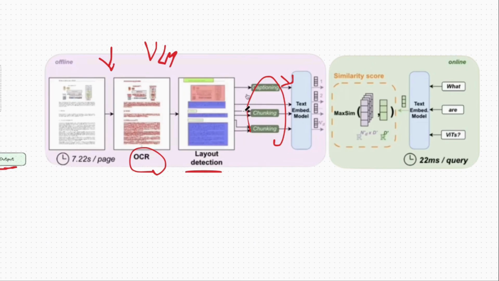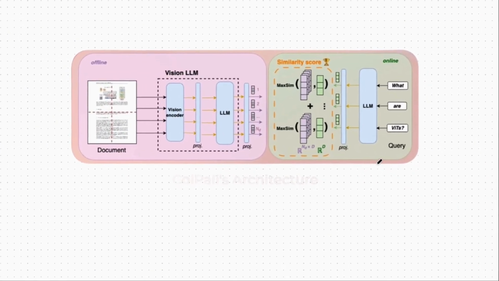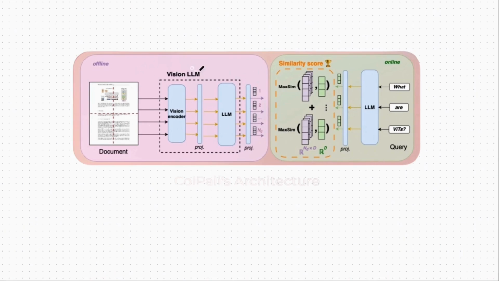After these traditional concepts, we move to something called ColPali, and I think some of you are aware of it. This idea is actually a bit smart, but it still has some limitations, okay? Here we take images of pages and directly encode them using a vision encoder, and by this vision encoder we can create the embeddings.